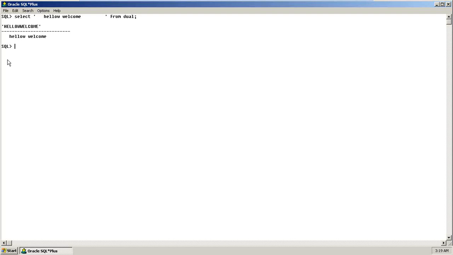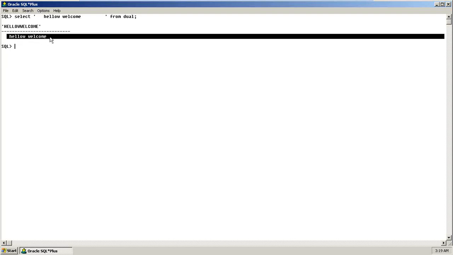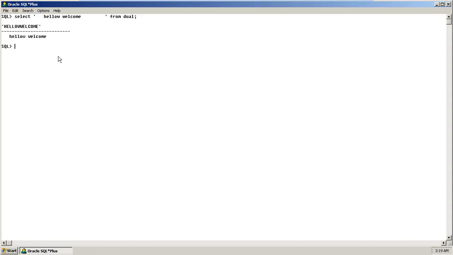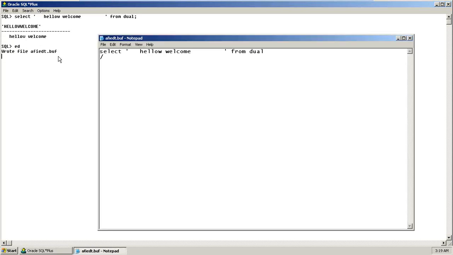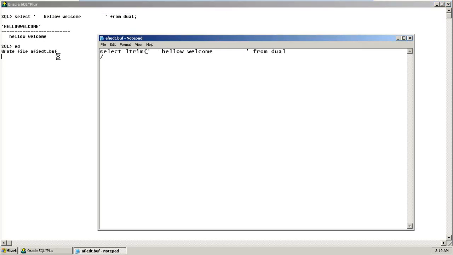So on the left side you have some blank spaces, on the right side you have some blank spaces, right? If you want to eliminate left side blank spaces, LTRIM is the function to eliminate left side blank spaces. Observe.